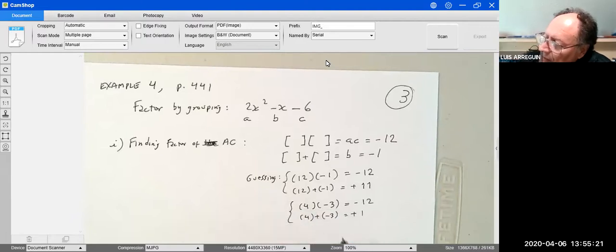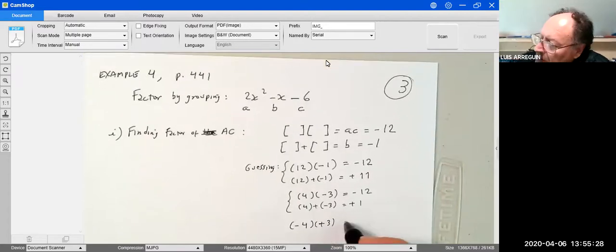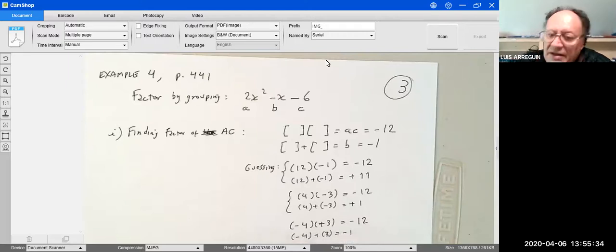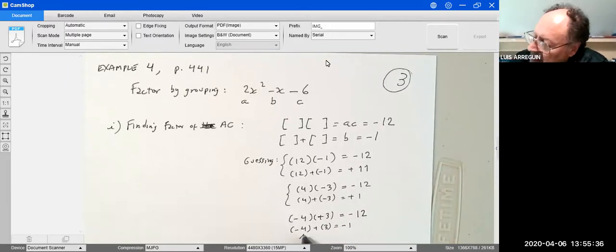So I'm going to use -4, +3. So I'm going to get again -12, but this time -4 plus +3, I'm going to get -1. So these are the numbers I was looking for.